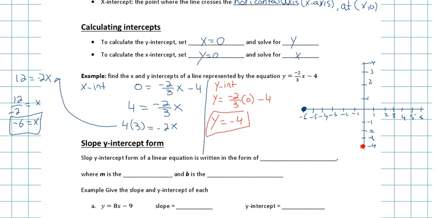Question for you. If you go back to y equals mx plus b, what is m? Slope. And what value does it represent in this equation? Negative 2 over 3, because it's the coefficient of x. What does negative 4 represent?